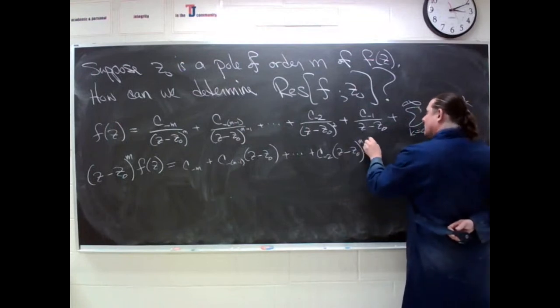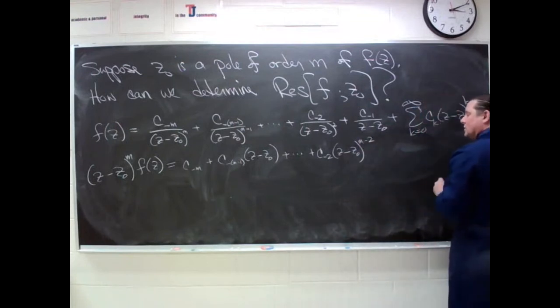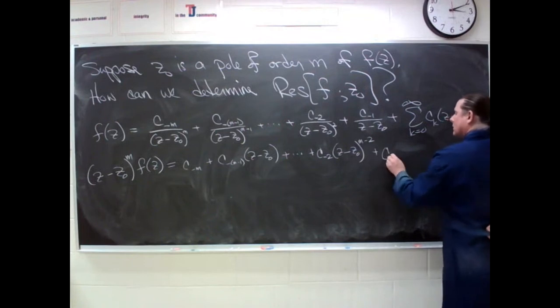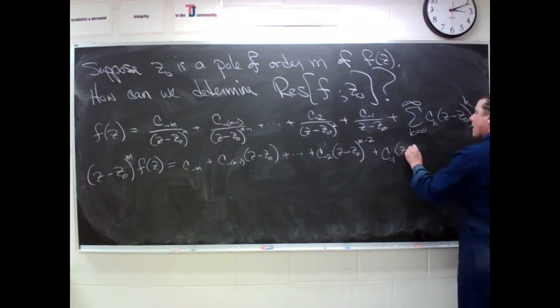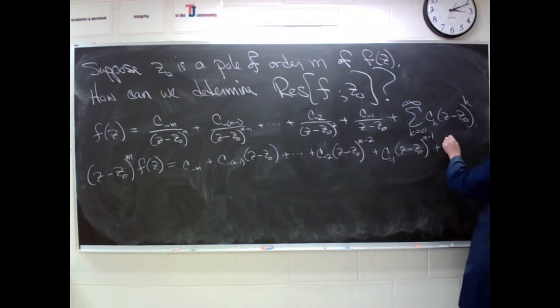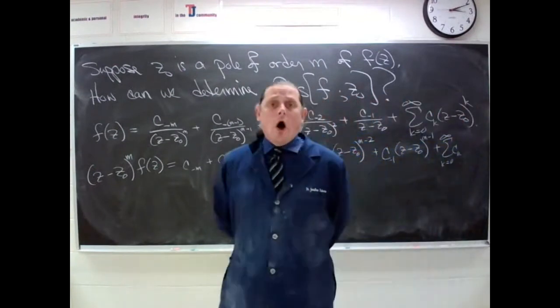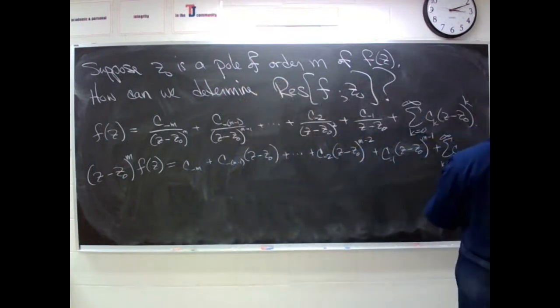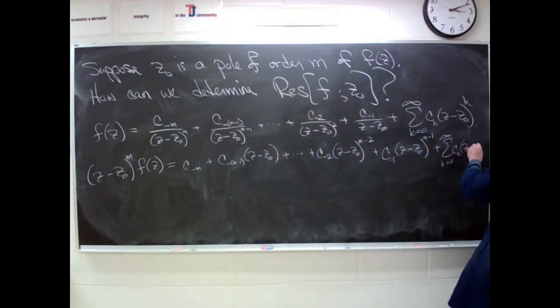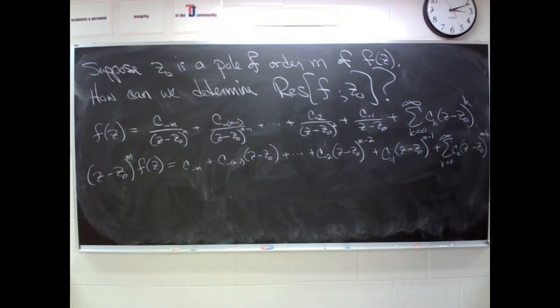So here I've got z minus z naught to the m minus 2. c negative 1 is the coefficient of z minus z naught to the m minus 1. And then we've got the rest of them.